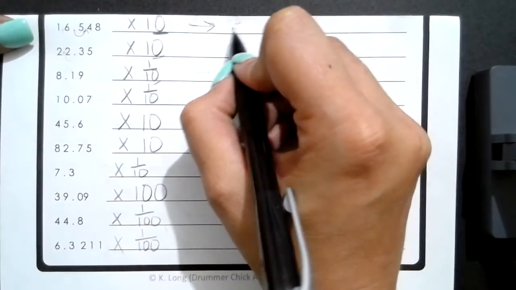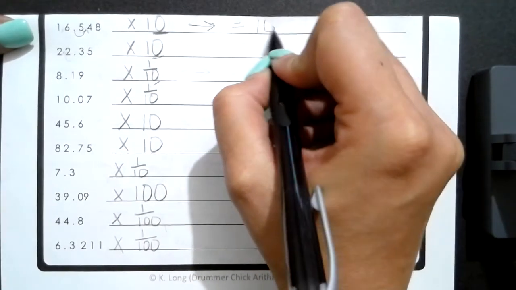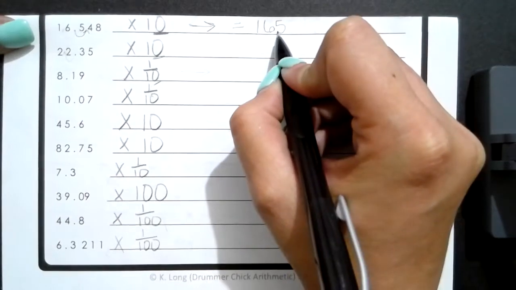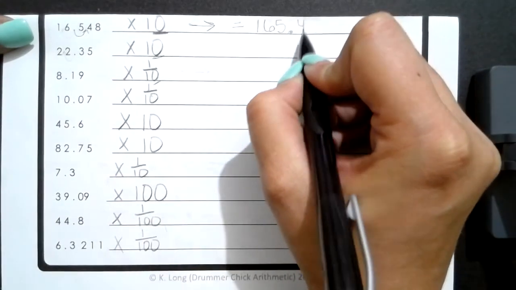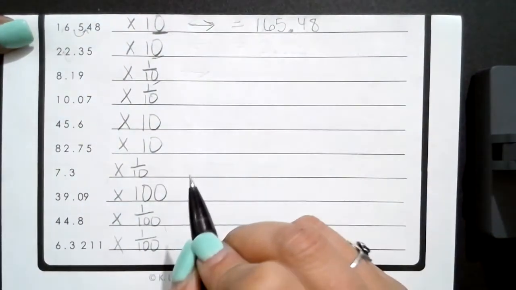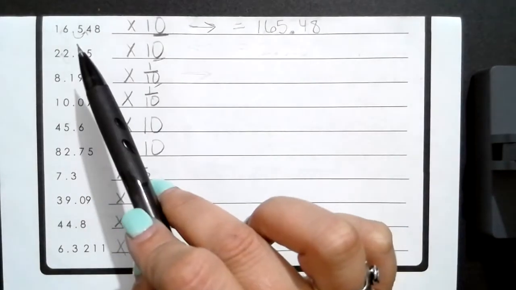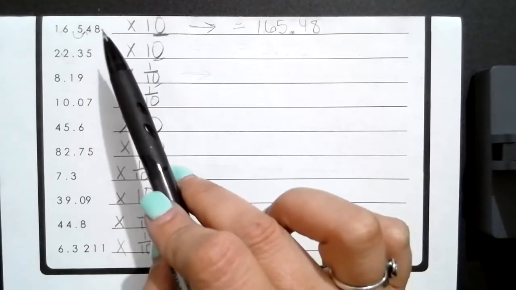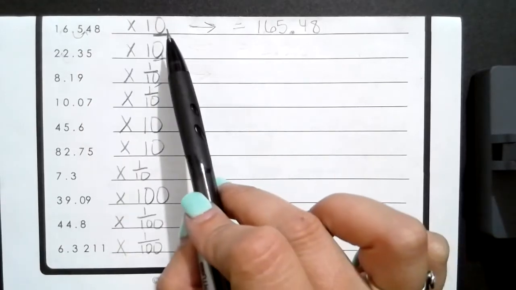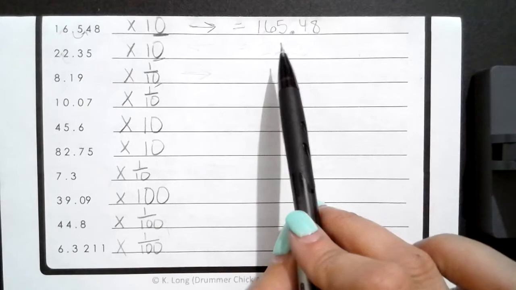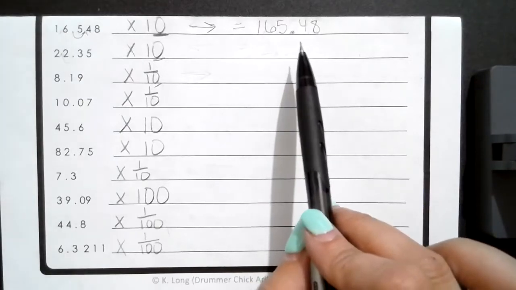So my number is equal to 165.48 now. Okay, so 165 and 48 hundredths. So 16 and 548 thousandths times 10 becomes 165 and 48 hundredths.